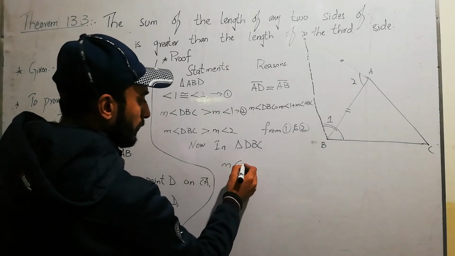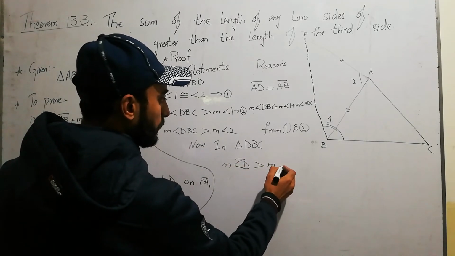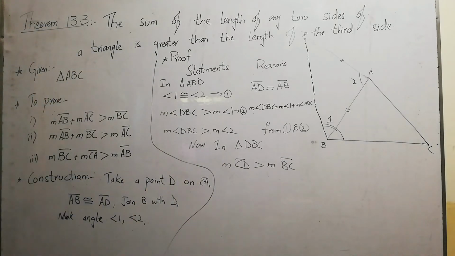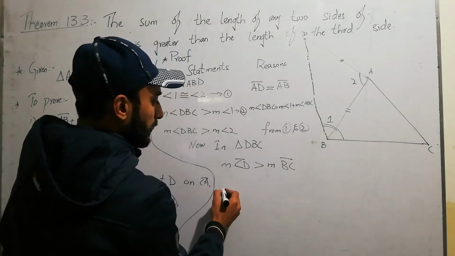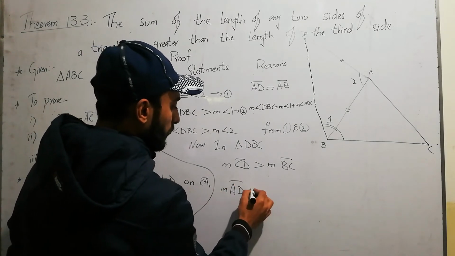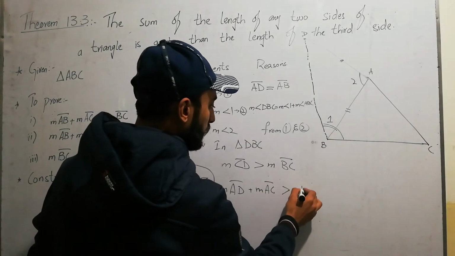Measurement of CD is greater than measurement of BC, because the side opposite to the greater angle is also greater. If CD is greater than BC, so we can say that AD plus AC is greater than BC, because line segment CD is equal to measurement of AD plus measurement of AC.